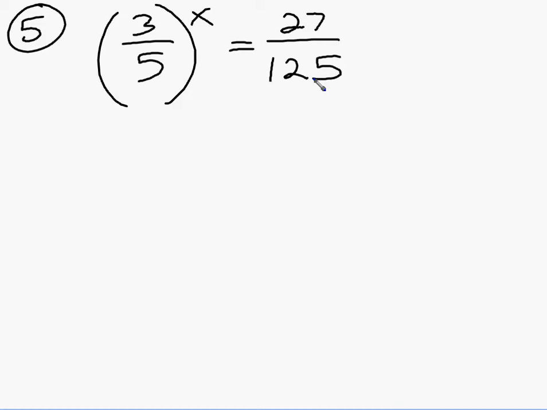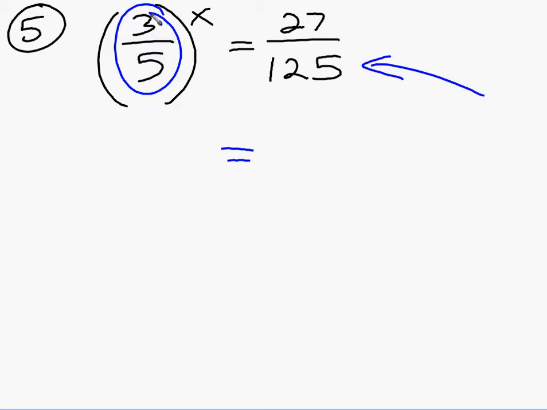All right? So if you look at this side over here, can I write 27/125ths as a power of 3/5? I sure can. What's 3 cubed? 27. What's 5 cubed? 125.